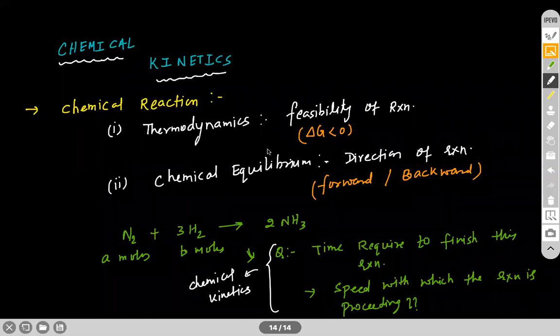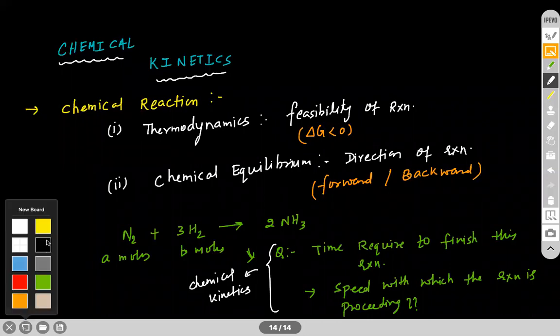So chemical kinetics is what? Chemical kinetics, it is the branch of physical chemistry that deals with the rate of a chemical reaction, okay?